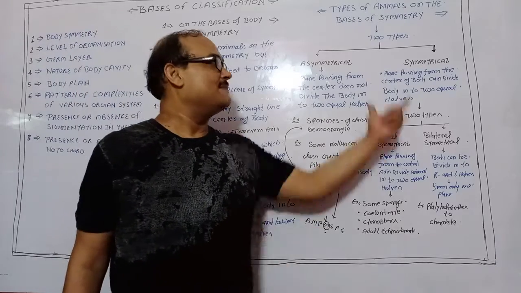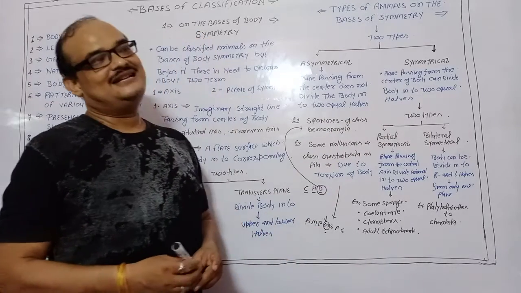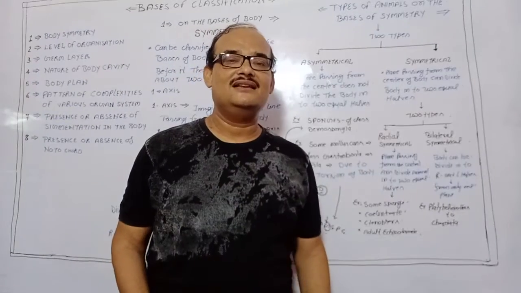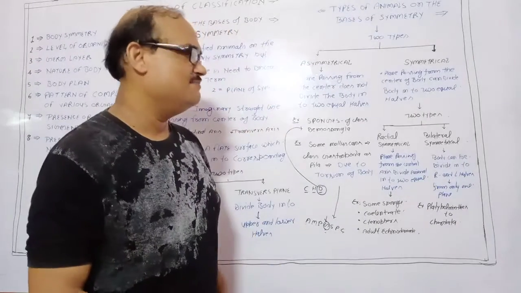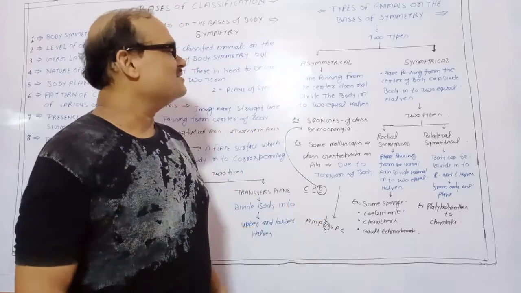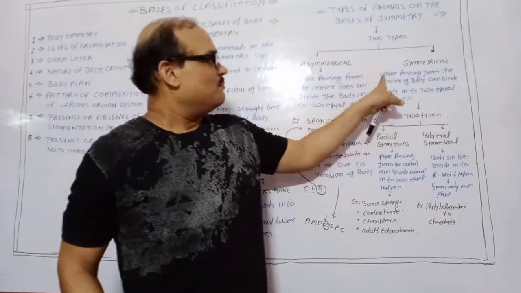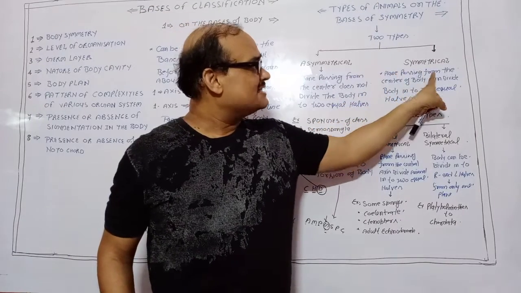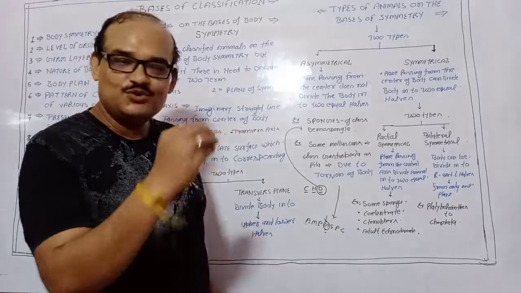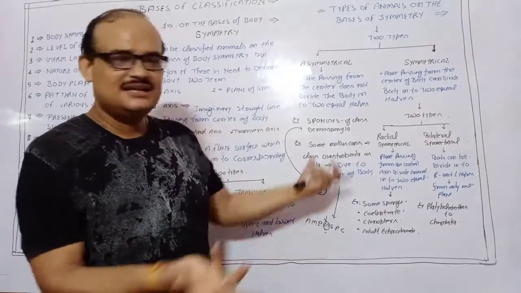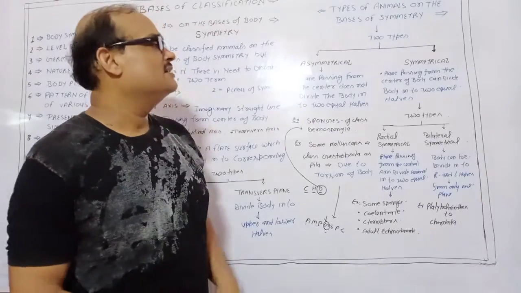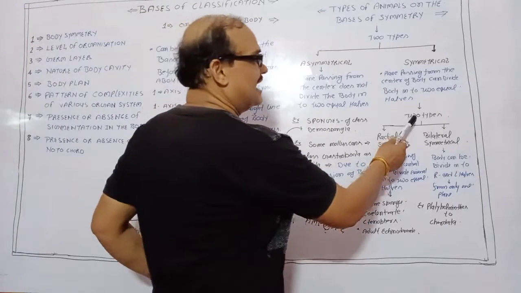So now, symmetrical animals. You can understand from the term that a symmetrical animal is one we can divide into two equal halves. A plane passing through the center of the body can divide the body into two equal halves. That is the common meaning of symmetry. But symmetrical animals are of two types.